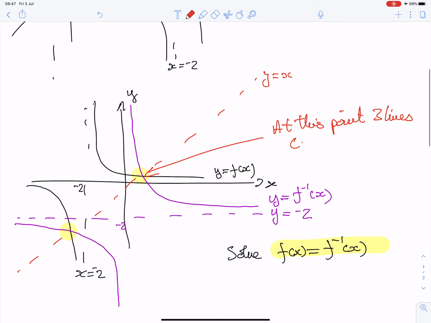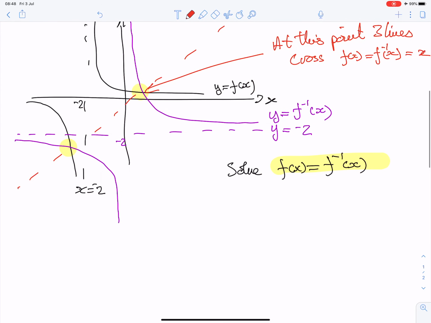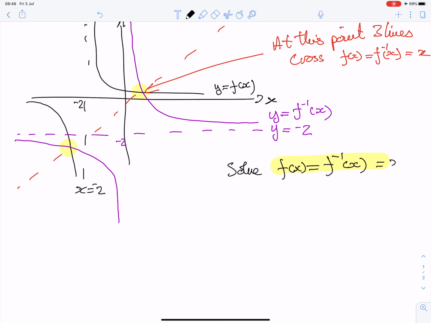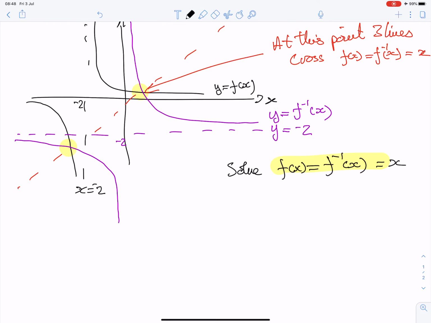3 lines cross. f of x equals f inverse of x, but it also equals x, because they all have the same y value at that point. So that makes this a lot easier to solve, because this is also equal to x from the diagram.